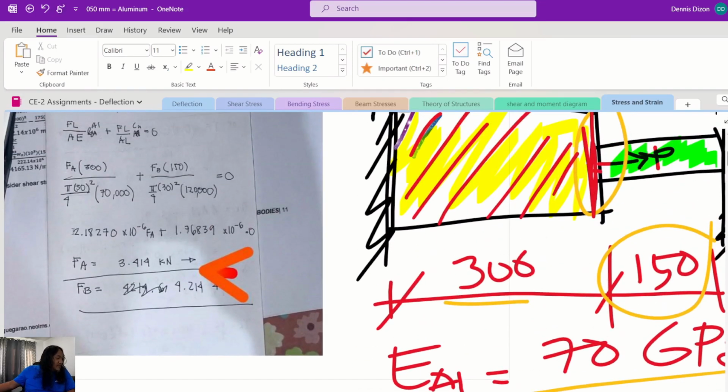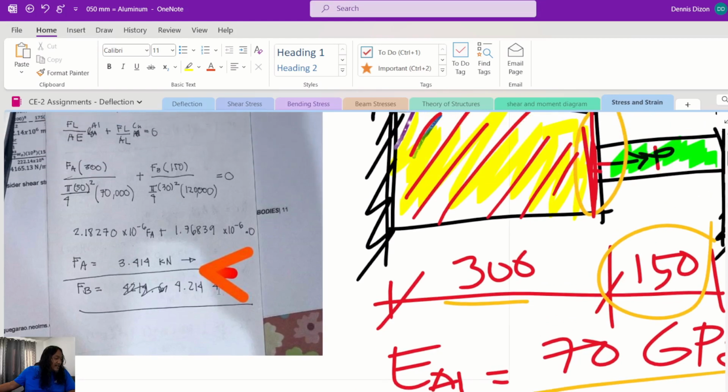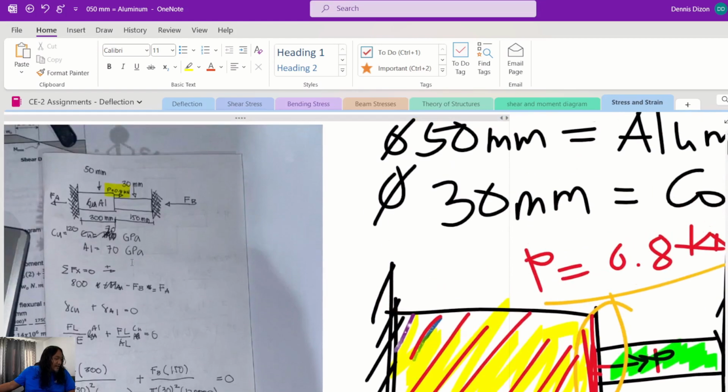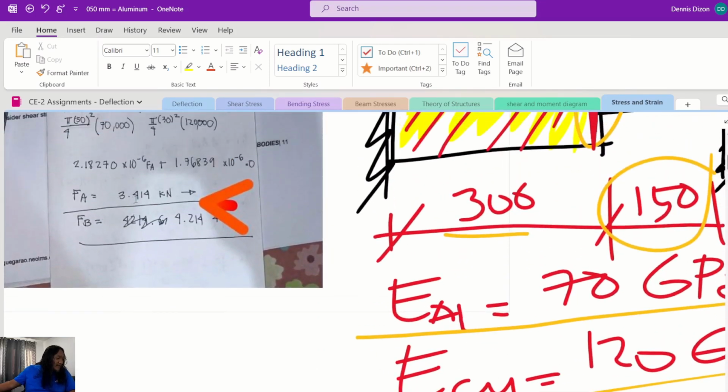If you notice, his force for aluminum is 3.14 kilonewton, and 4.214 for the, I don't know if A is aluminum, then B is copper. If you notice, the given load is only 0.8 kilonewton, but his answer is 3.414 kilonewton.